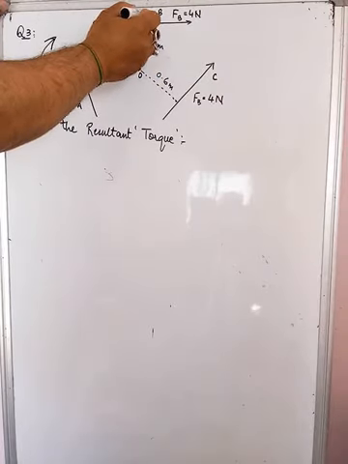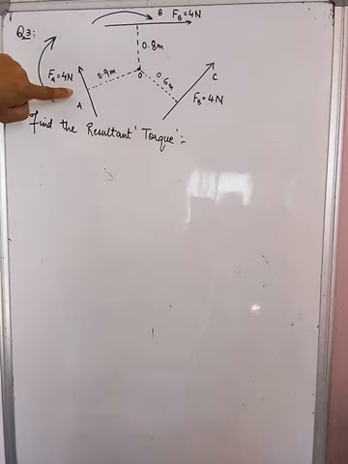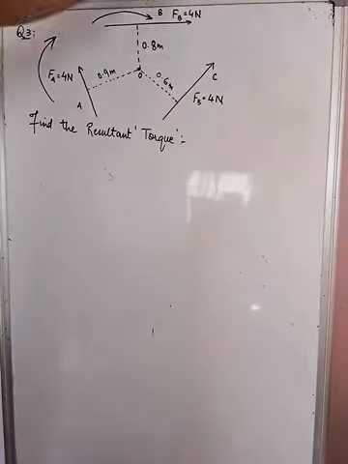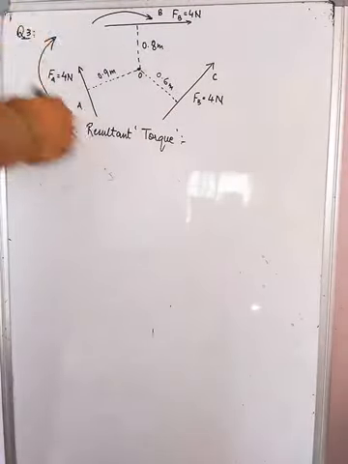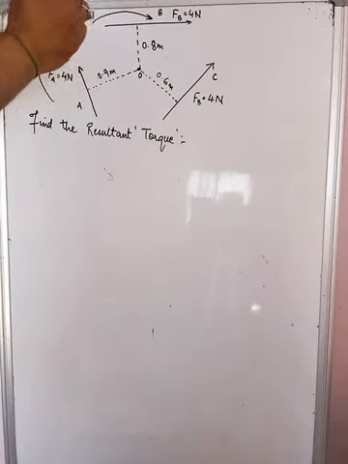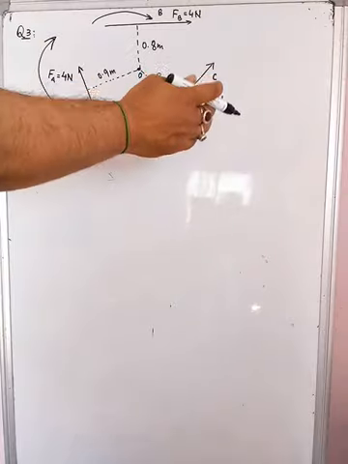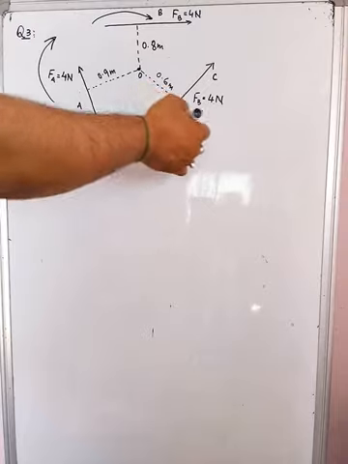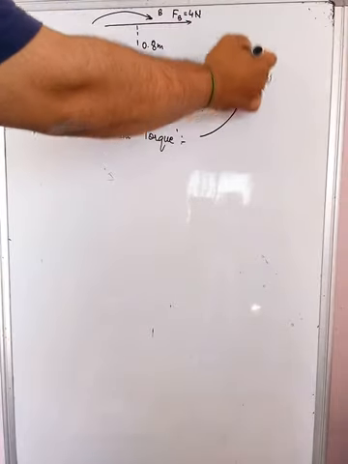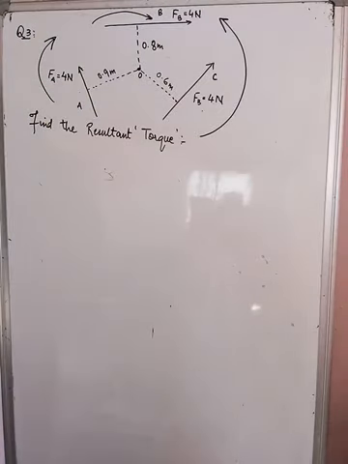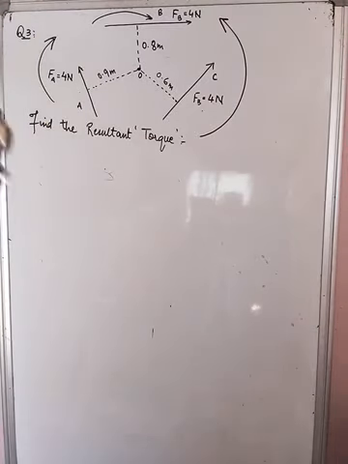So we can already see that forces A and B are both producing a clockwise moment. These two forces are producing the turning effect in the same direction, which is clockwise. Whereas force C has a direction that way, so it is going to provide an anti-clockwise torque or moment.